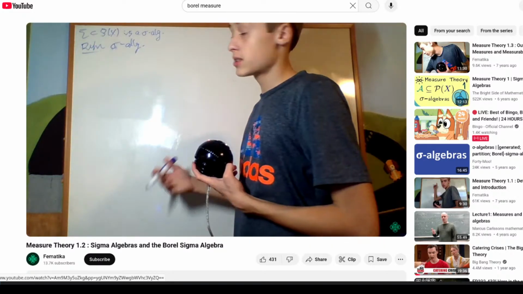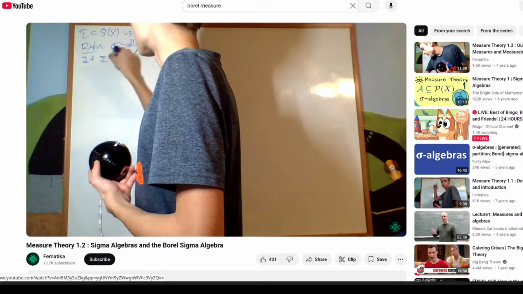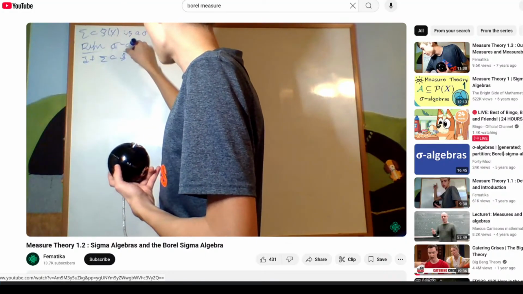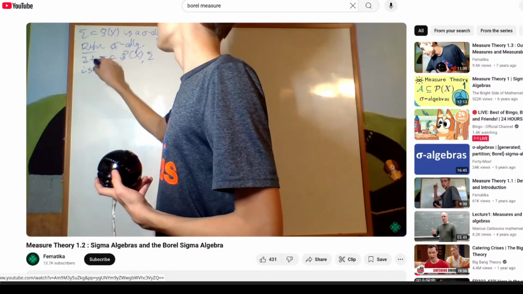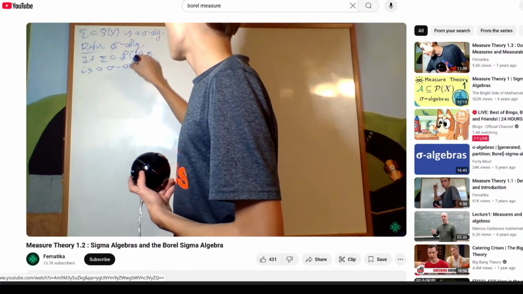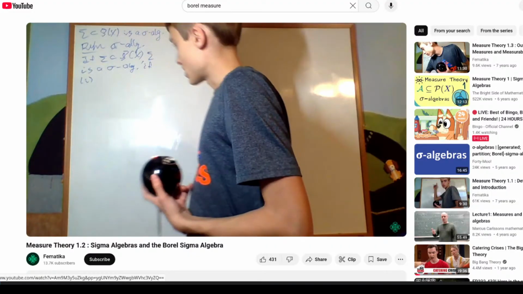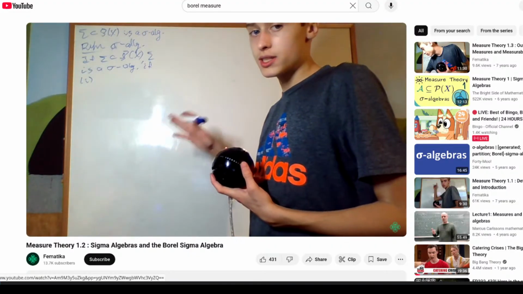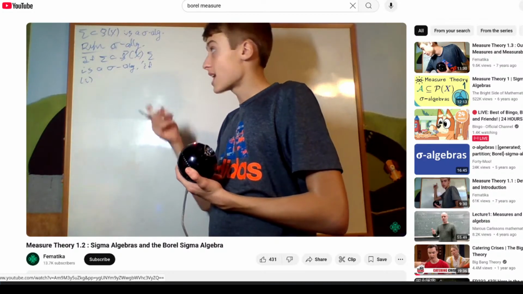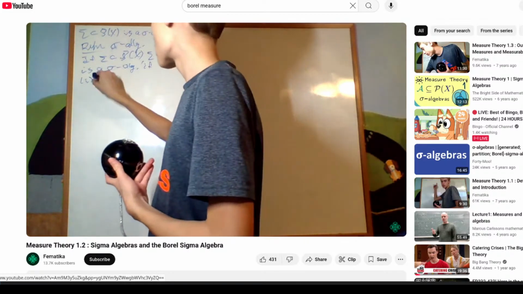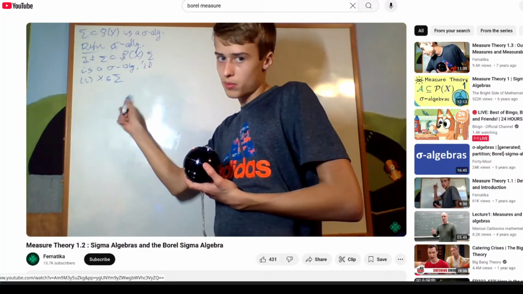If sigma is a subset of the power set of X, sigma is a sigma algebra if, first condition, X is an element of sigma, okay? That's going to be important.